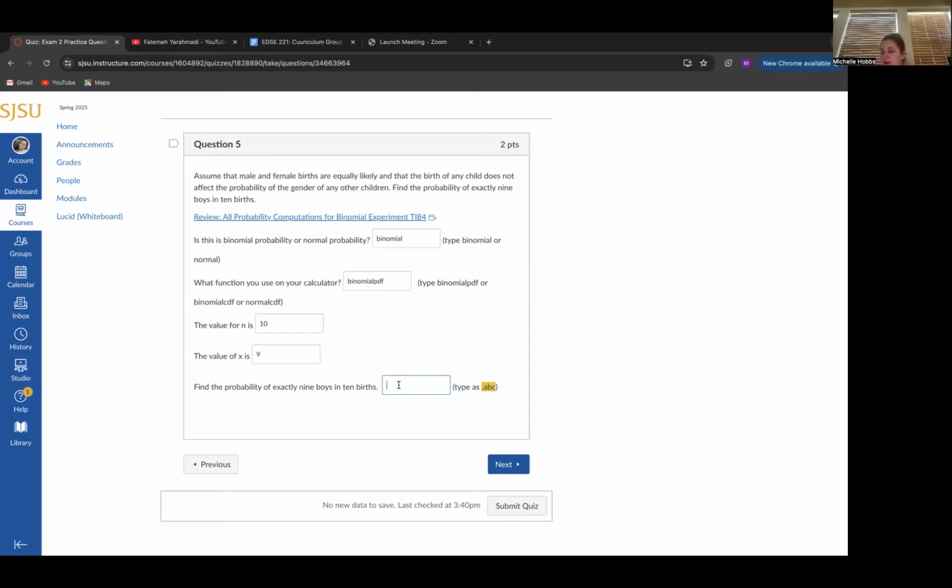Find the probability of exactly 9 boys in 10 births and write it as a decimal. Okay, so using the calculator, the probability.